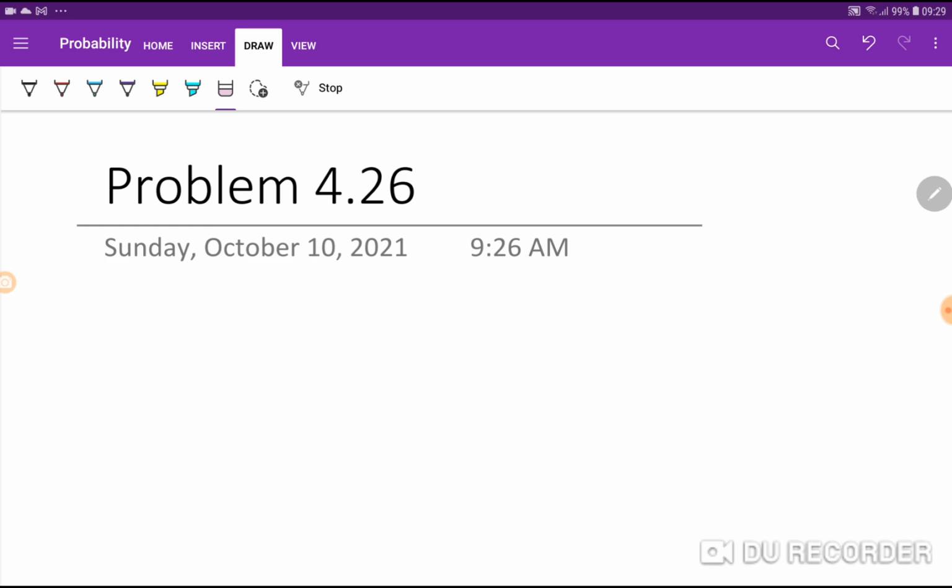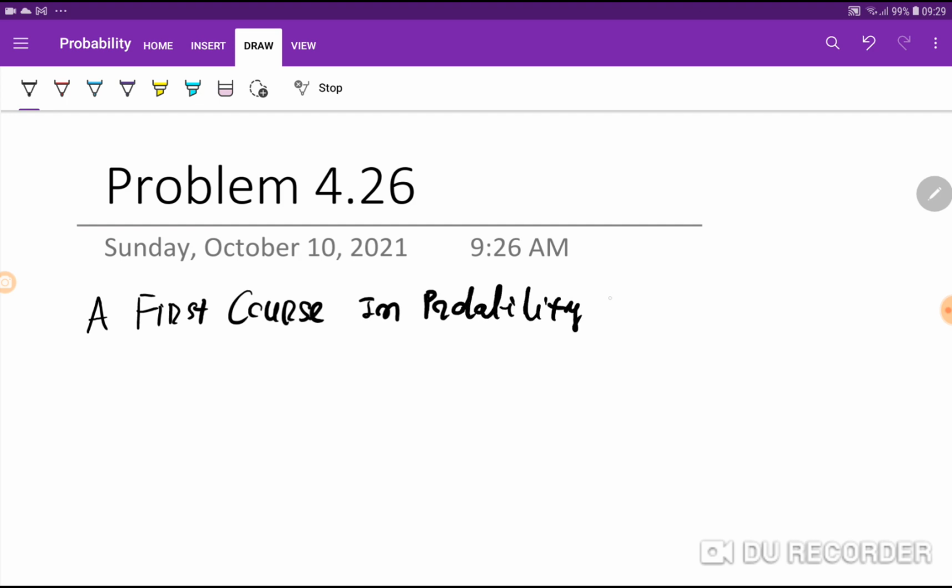Okay. So the textbook I'm gonna use is A First Course in Probability by Sheldon Ross, ninth edition.